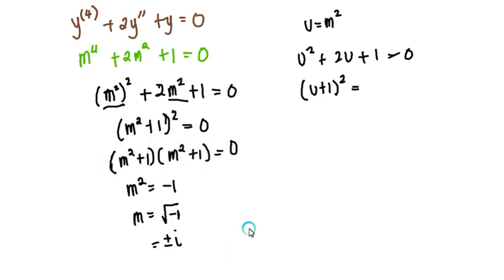Therefore, akon nga roots, may ara ko duwa. So, M1 is equal to M2, this is your i na lang. Then we have M3 is equal to M4, this is negative i.